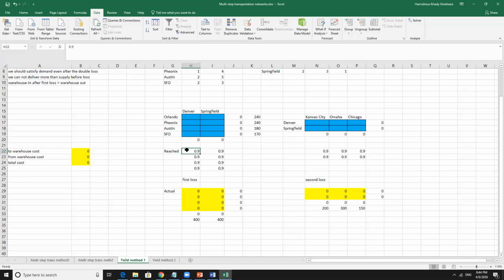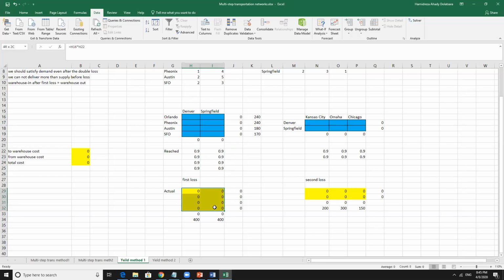So I put a coefficient of 9 because I know that whatever I send from my supplies to my warehouses should be multiplied by 9, because that is what goes to my warehouse. So you see an actual yellow table here. It's saying what happens when it gets to the warehouse. The first blue one is what you produce.